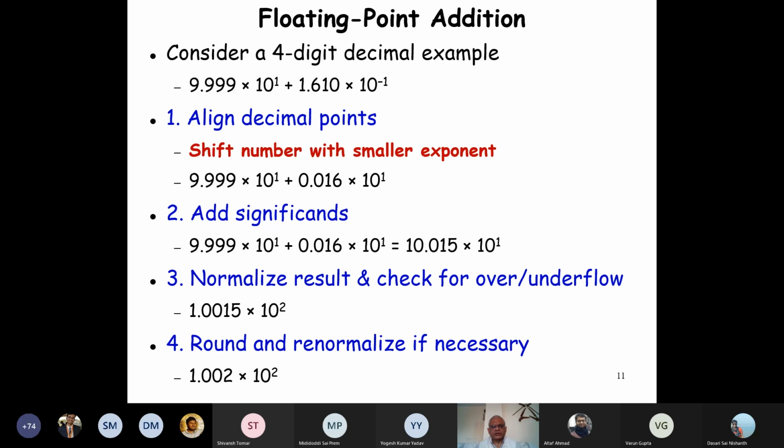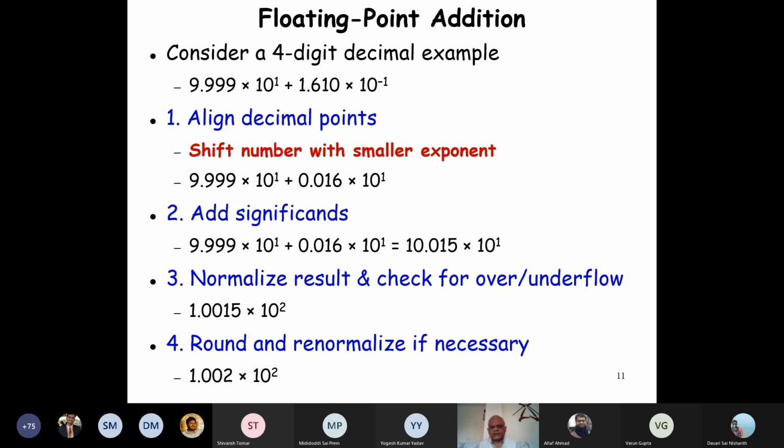So shift the larger one, or shift the smaller one to make it 10 to the power 1. Option here. In manual calculation, we did not bother, but here we bother. We shift the number with the smaller exponent. So minus 1, we make it 10 to the power 1 and it becomes 0.016.